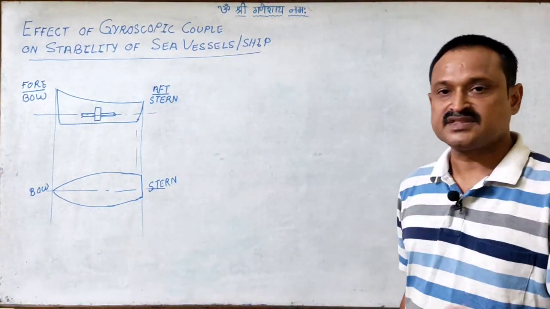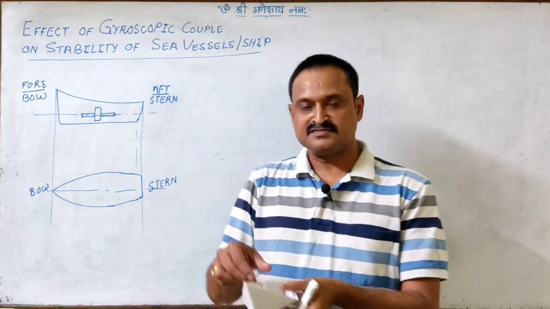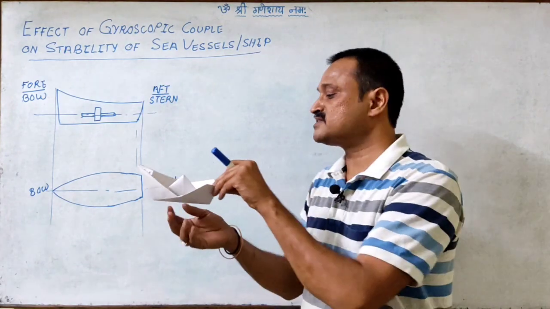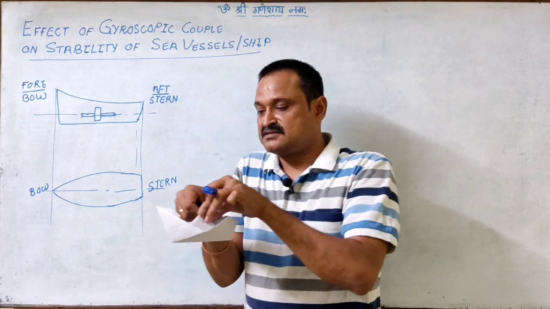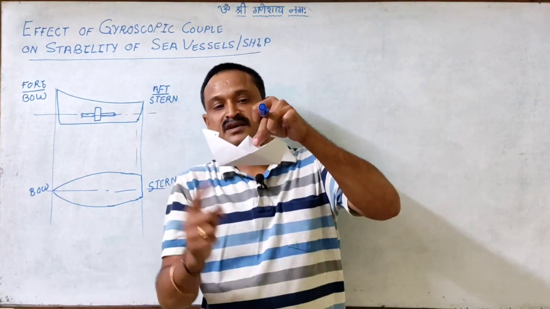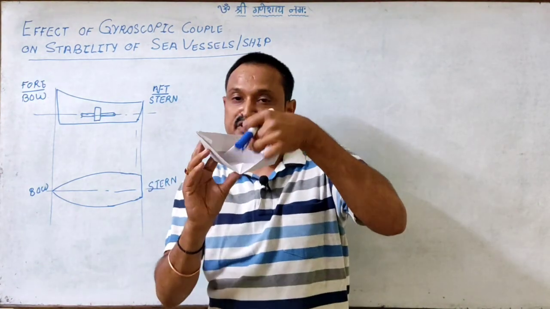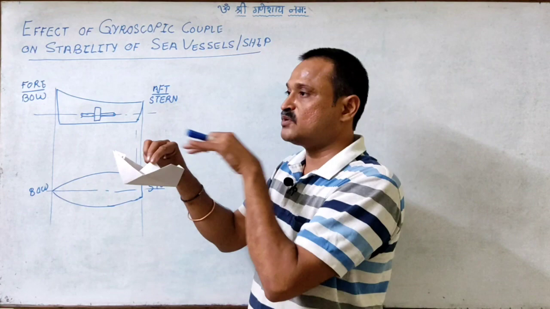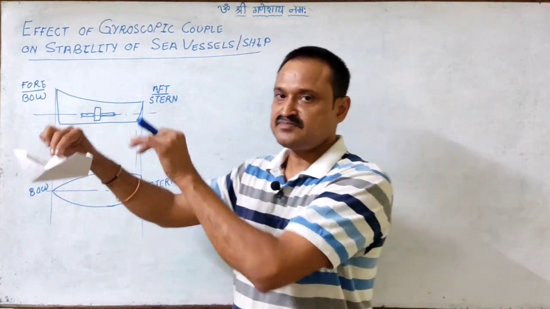Now the left side, so I have a ship or a boat for you. All of you know we have been making this boat. If I place it this way, the front is the bow, the rear is the stern. When I am looking at it from the top, we are facing in the direction of the motion of the boat.